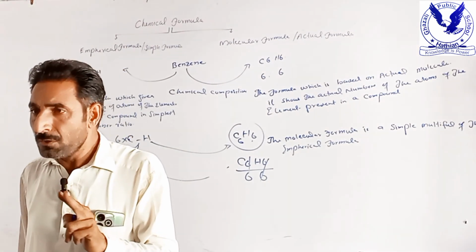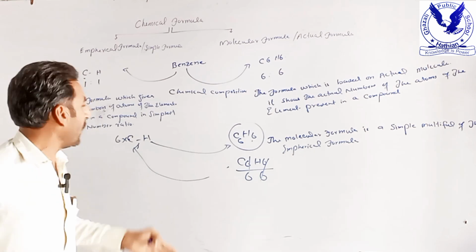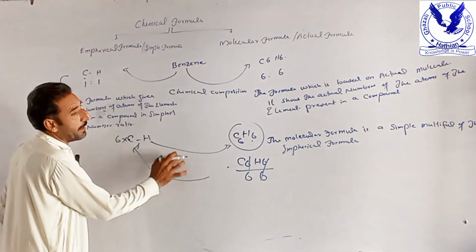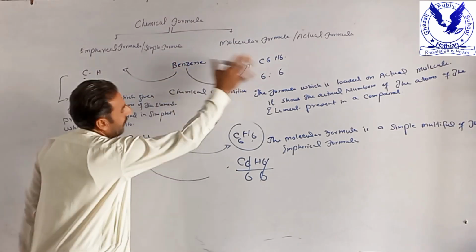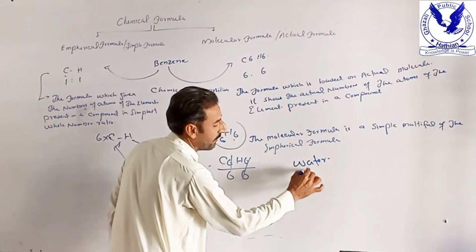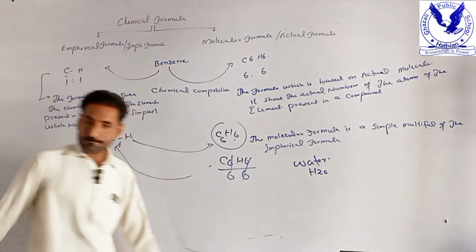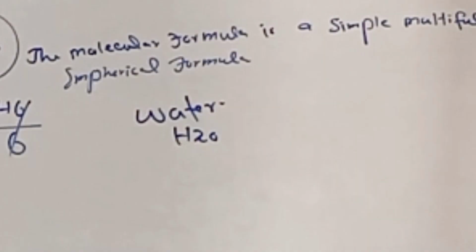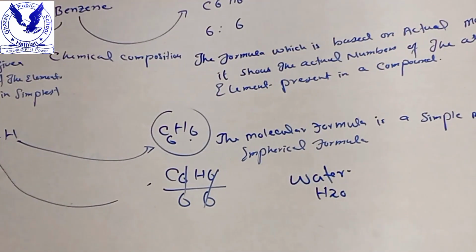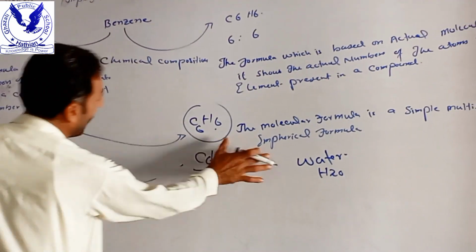If there is no exact relationship between the two formulas, we write the compound by two identical formulas. Water is a compound whose formula is H2O. So we write both formulas identical for water because there is no exact relationship between the two formulas.